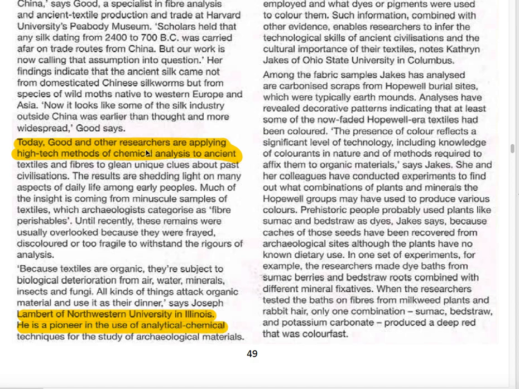So 7 here, 9 here, 8 has to be right here. And if it's not here, then it means it's not given. Okay? So that's something to remember.